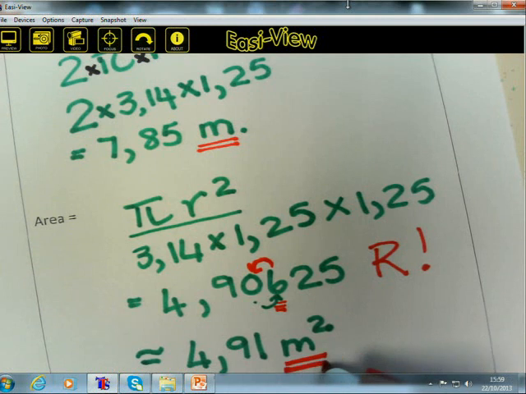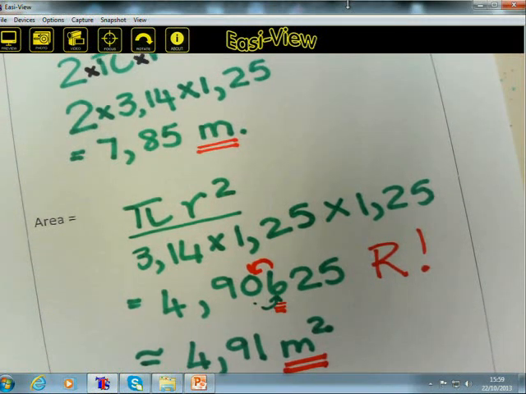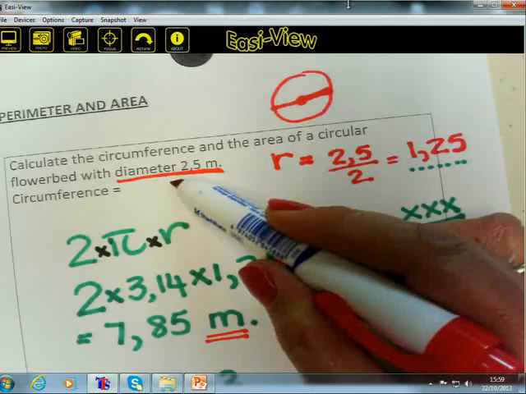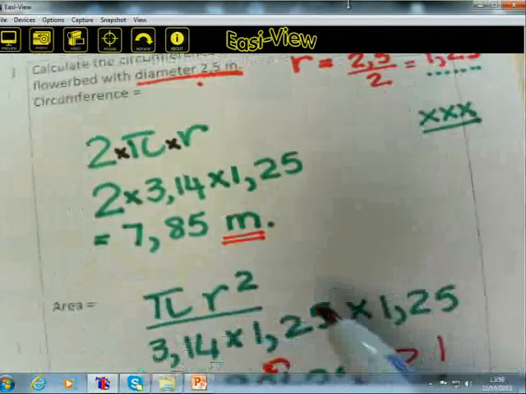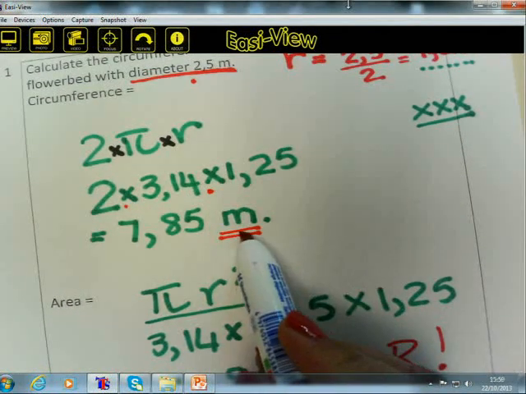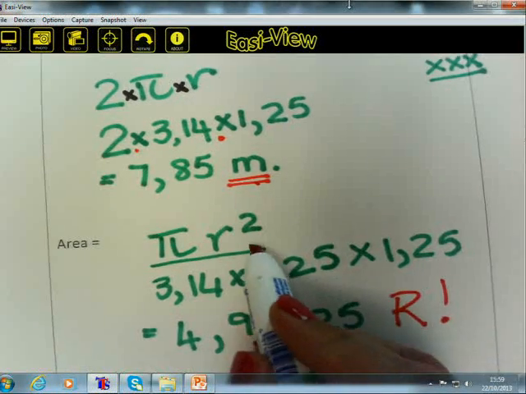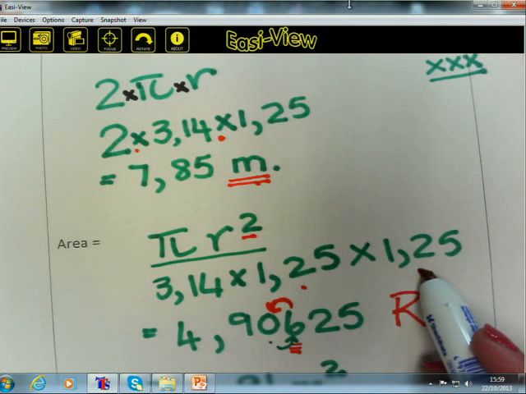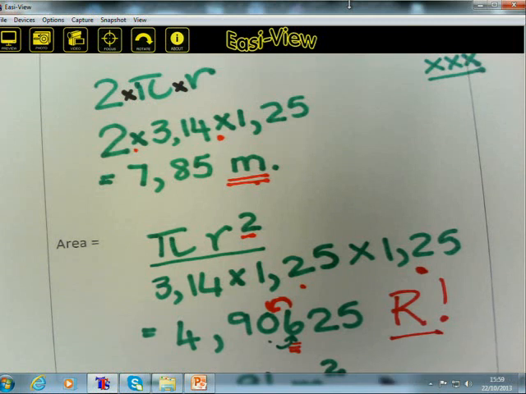Red light, your unit. The red lights on this page will be the radius if they give the diameter. It will be using the multiplication signs, the unit, the radius square, which means radius times radius, the rounding, and the unit again.